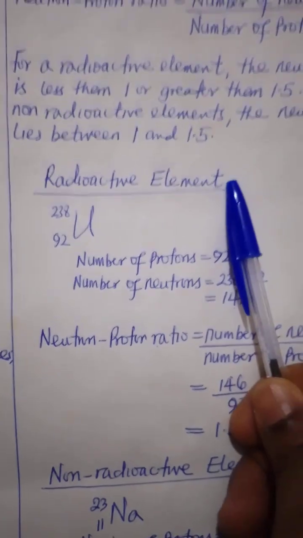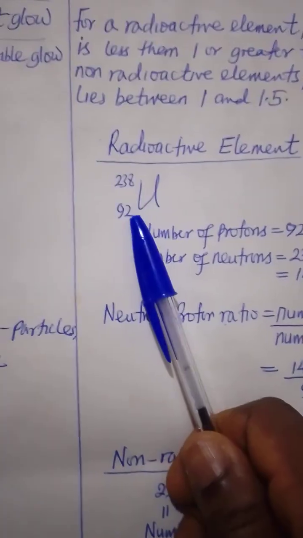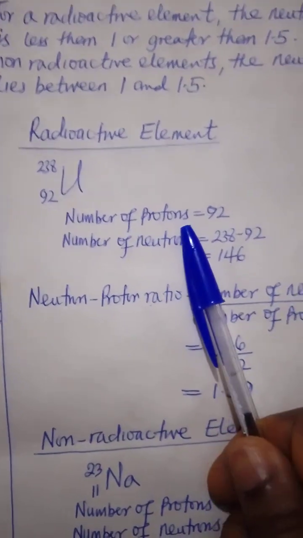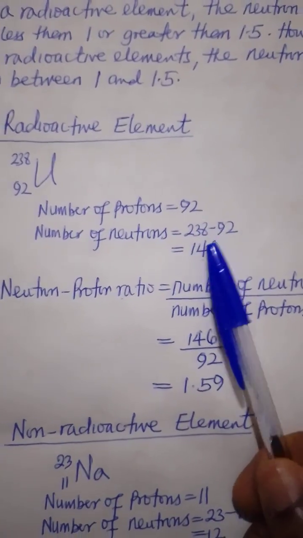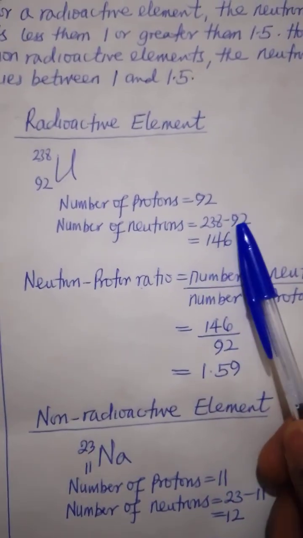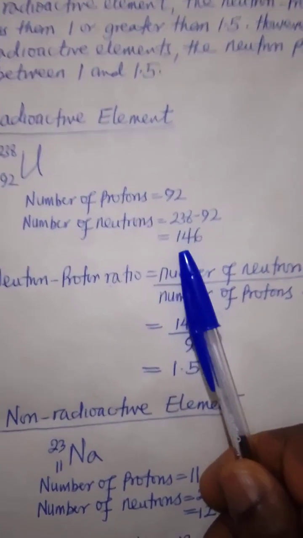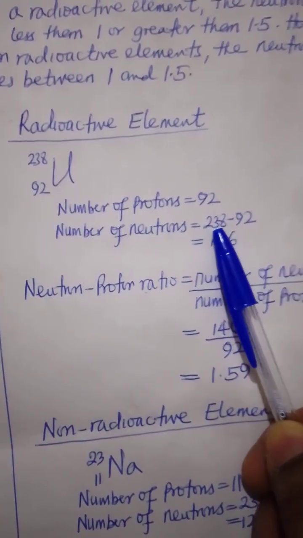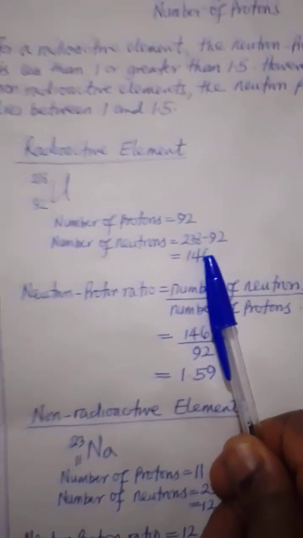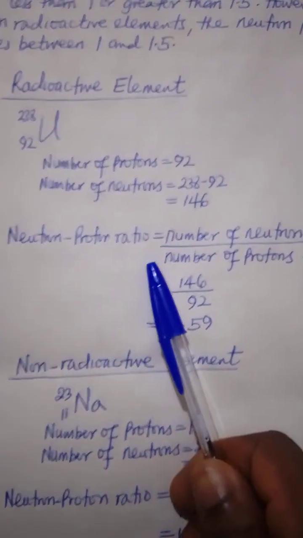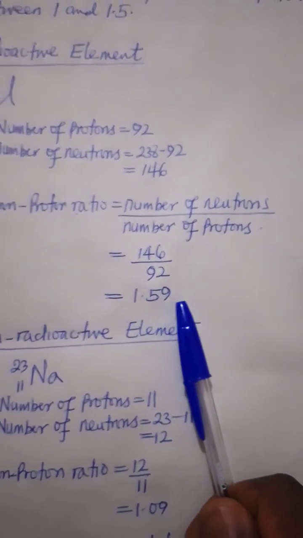For a radioactive element, that is for an unstable nucleus, we're using uranium-238 92. Number of protons, 92. Number of neutrons, 238 minus 92, and that will give us 146. That is the nuclear number minus the proton number, that gives us the number of neutrons. So our neutron-proton ratio, number of neutrons over number of protons, that will give us 1.59.